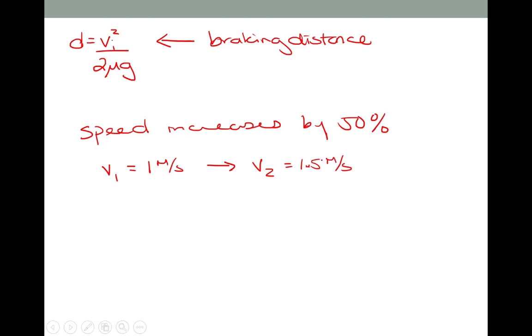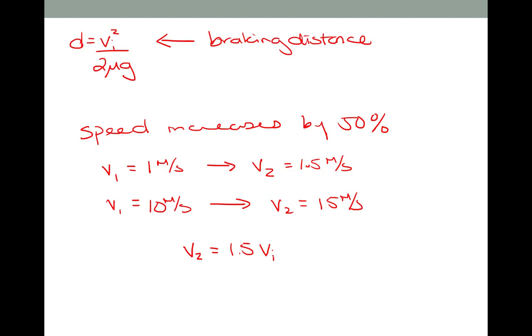It increased by 50%. Or, for example, if v1 was 10 meters per second, v2 would be 15 meters per second. And in general, I could write that v2 is 1.5 times v1. Oops, that's an I, it should have been a 1. Okay.